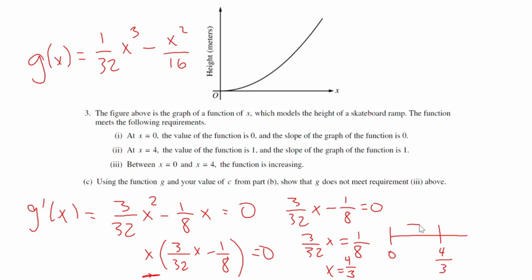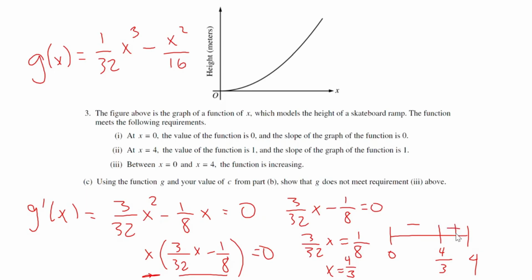And then something more than 4/3, like, I don't know, 1 million, or not a million. Let's cut it off at 4 because that's what we're supposed to use. Like plug in 3 there: 9/32 minus 1/8 is clearly positive.